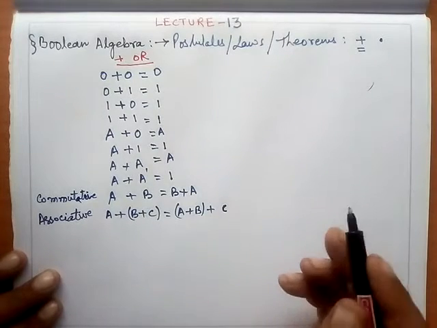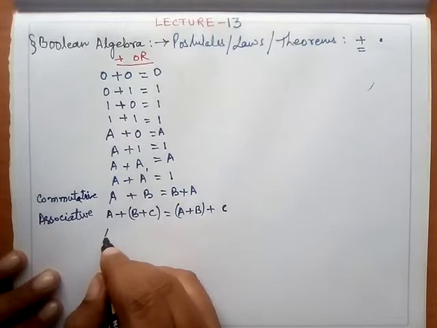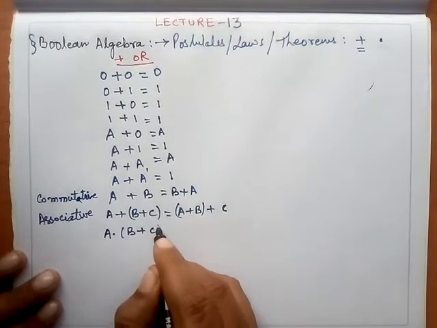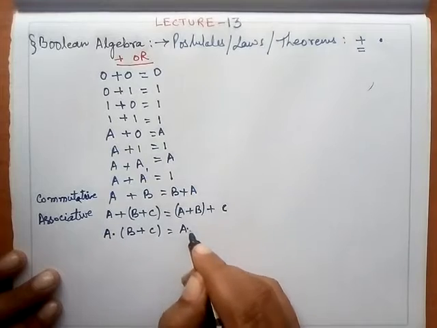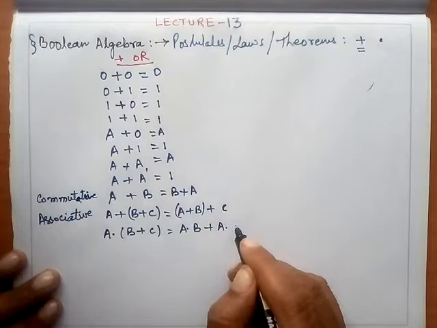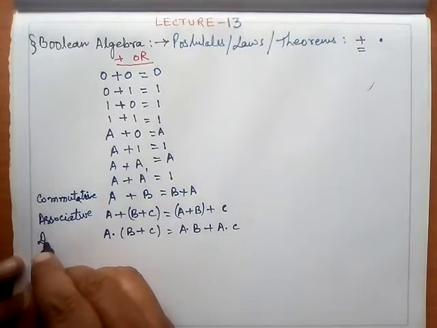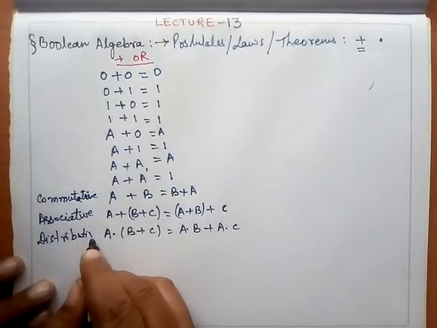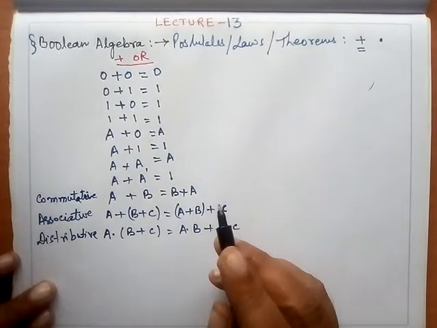Third, let's take the distributive law. A dot (B plus C) is equal to A dot B plus A dot C. This is called the distributive law.